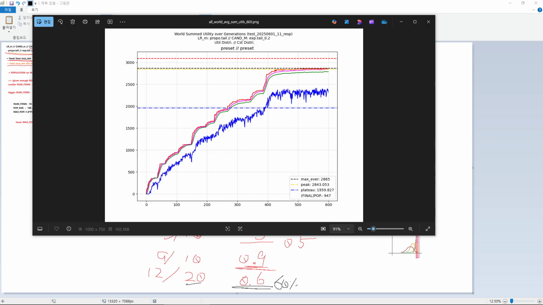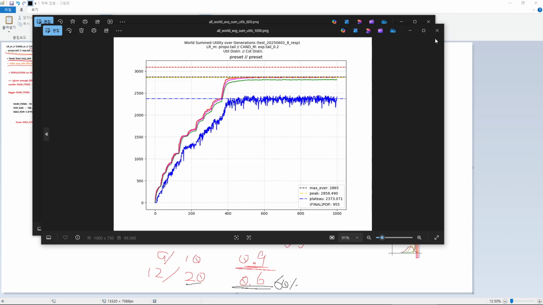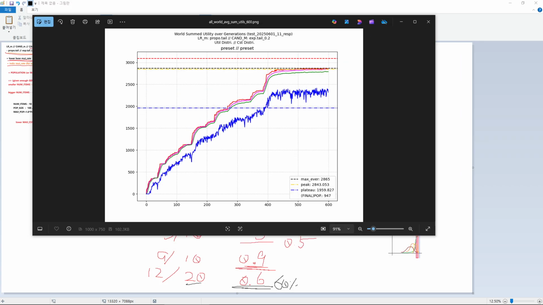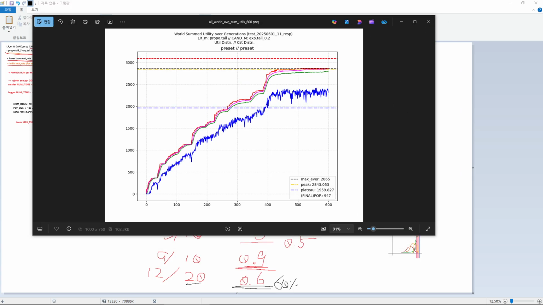And then I decreased it to 600 because it was apparent that it was enough. I could have set it to 500, but I wanted to give it a bit of leeway, so I gave the entities 100 more generations.